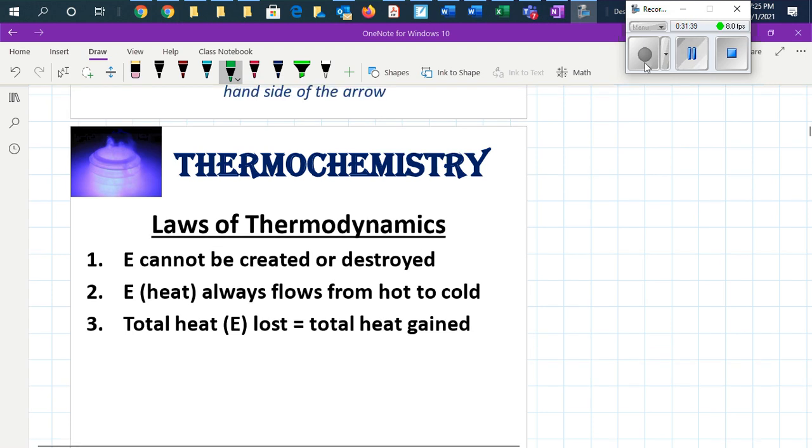Okay, this concludes the first part of the first day of the thermochemistry unit, and we will deal with the second part of the first day, which is the calorimeter, and then we will see the assumptions and everything related to the calorimeter. So let's have a break, and then we'll see each other in a bit.